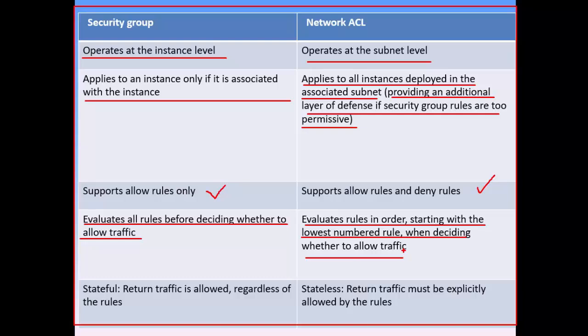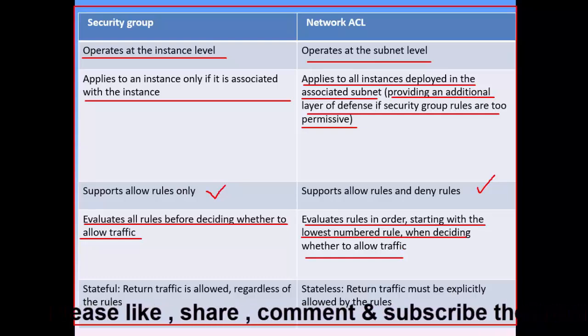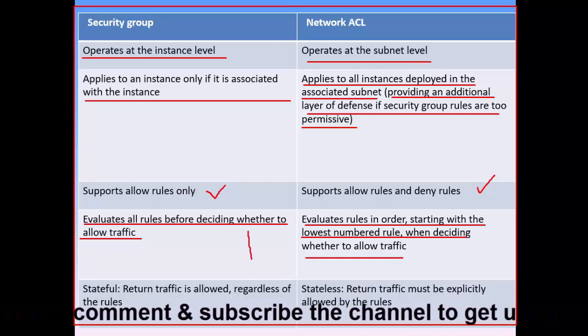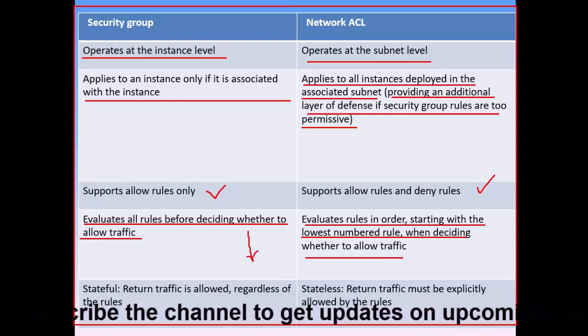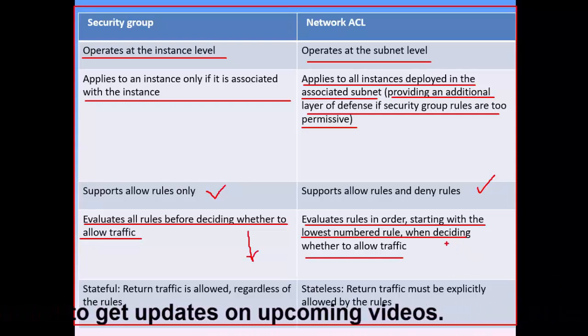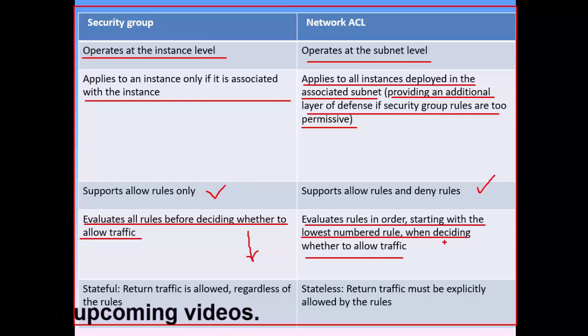We have discussed all these things. It is a summary of all the things we have discussed previously. Security group evaluates all the rules in the list, but network ACL starts evaluating from top to bottom, lowest to highest number of the NACL rules.